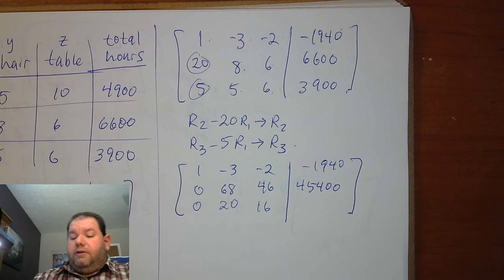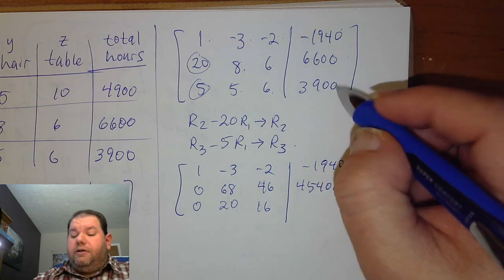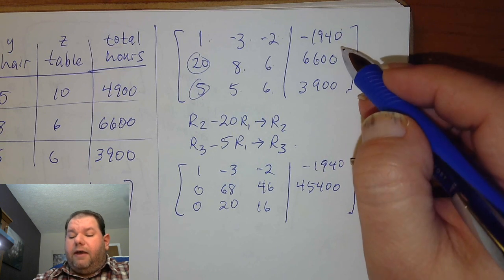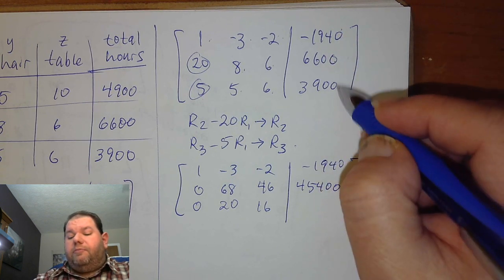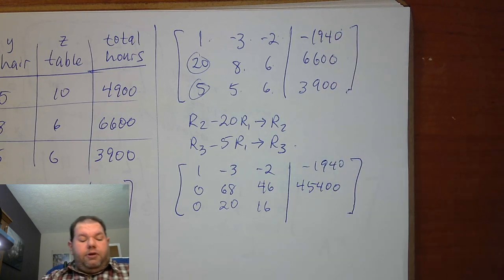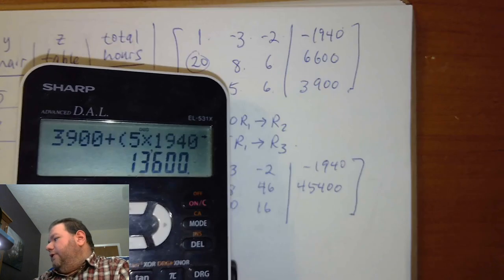And then 3,900 minus 5 times 1,940. 3,900 plus 5 times 1,940. And that gives us 13,600.